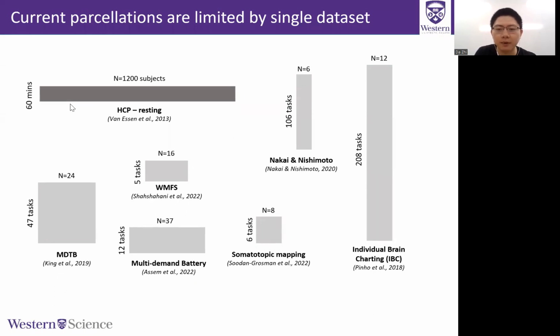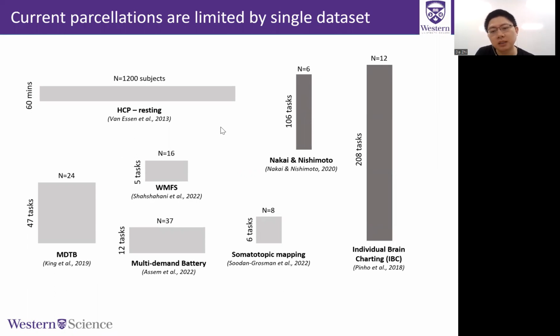For example, one type of dataset could have a lot of subjects but relatively little data per subject, such as HCP resting data. Or we could have a lot of task measures per subject, but these datasets are usually smaller in the number of subjects, which we call deep phenotyping datasets.